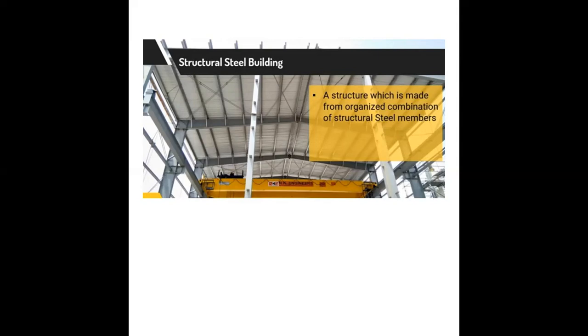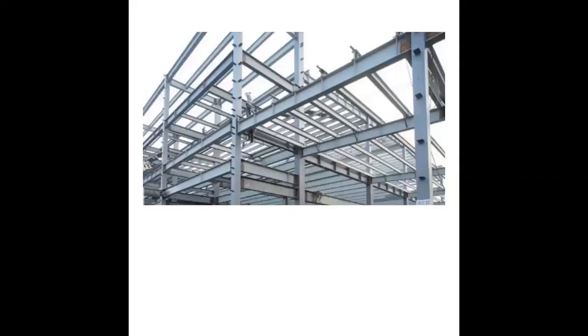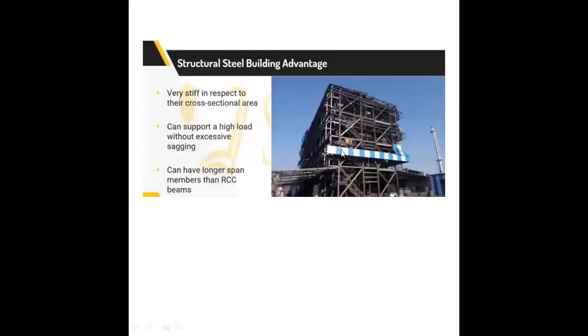Steel structure buildings, steel structure construction, and steel structure bridges are used on highways. A steel structure is made from an organized combination of structural steel members, and we can see these types of structural steel shapes.